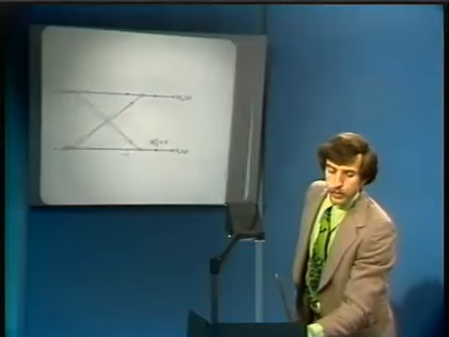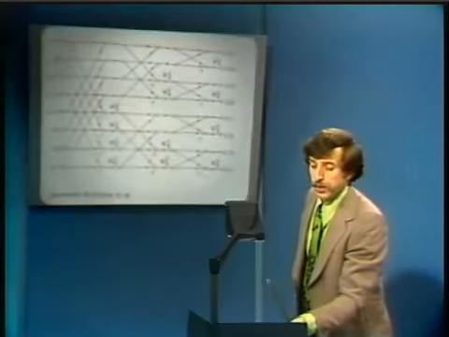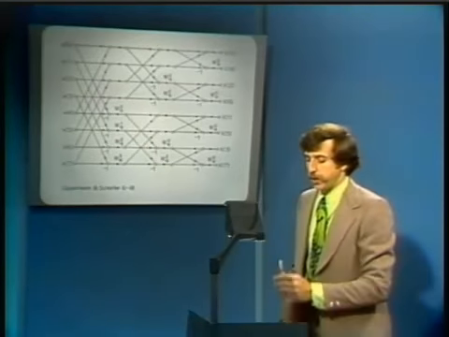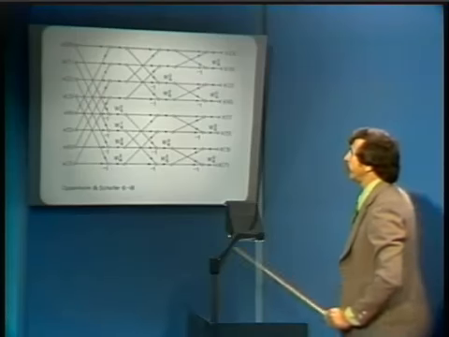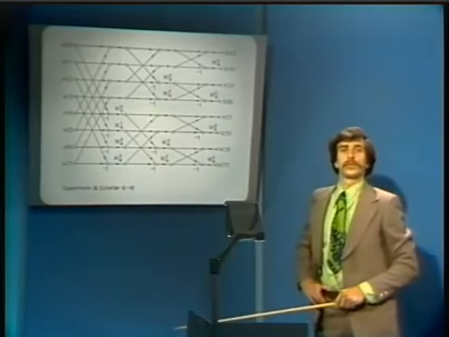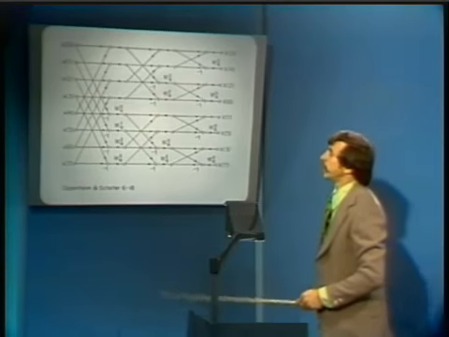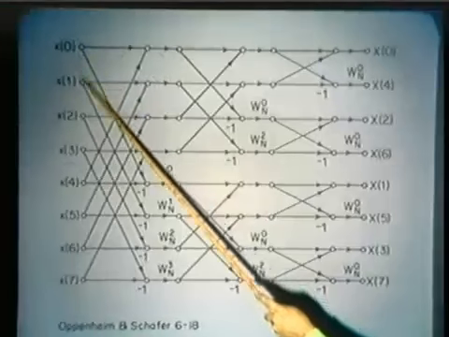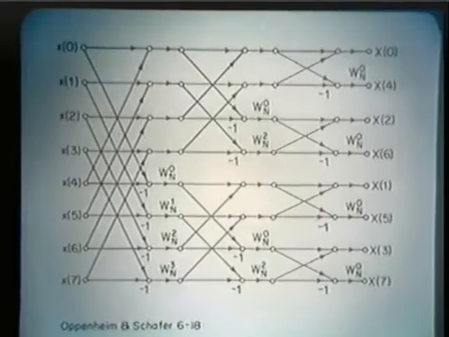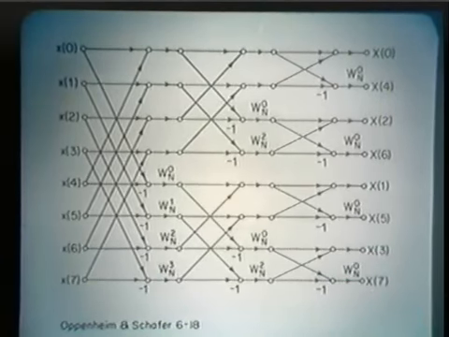And so the resulting flow graph, based on pursuing this strategy through the entire computation, is, as I've indicated here, one form of the decimation in frequency form of the algorithm. Notice that the input is in normal order. The output is in bit reversed order.